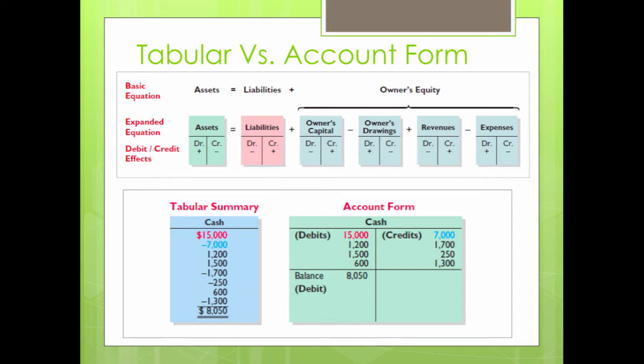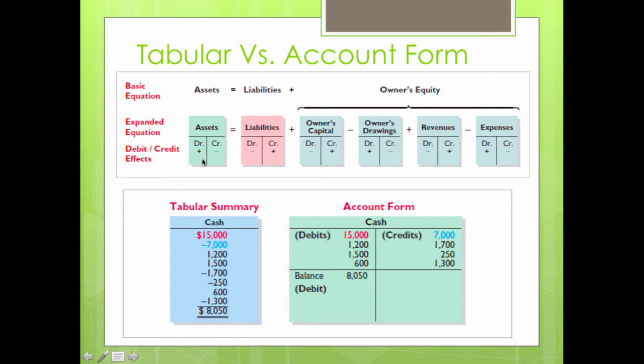Okay? Now look at your debit credit rules under assets, because cash is part of assets. When you want to increase the cash account, you do so by debiting. You see that there's a plus sign under the debit. You increase the cash account by debiting the T account.